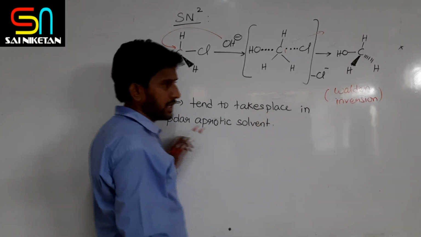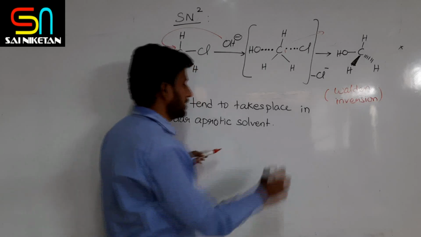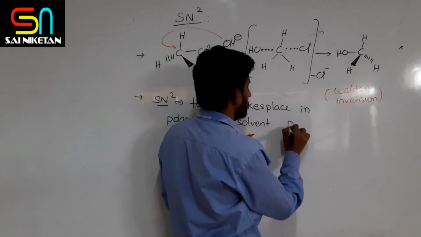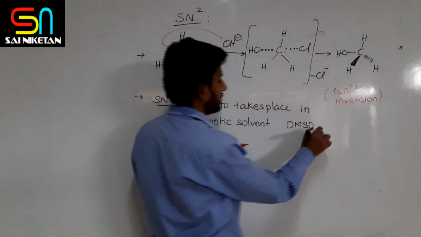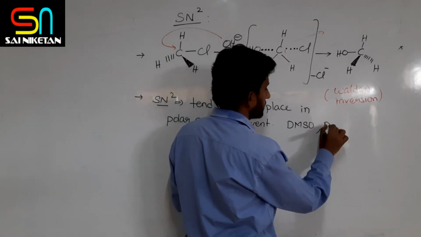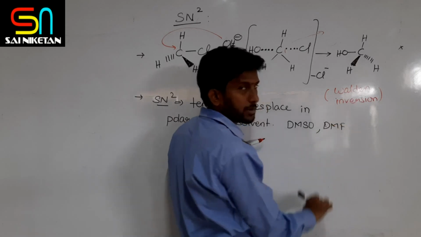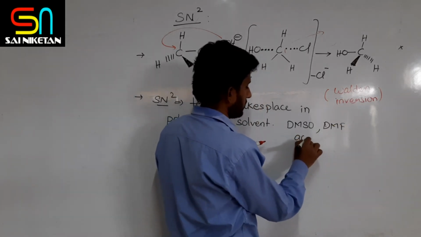Now, what does polar aprotic solvent mean? Example, you can take DMSO or DMF, dimethyl formamide, or acetone.